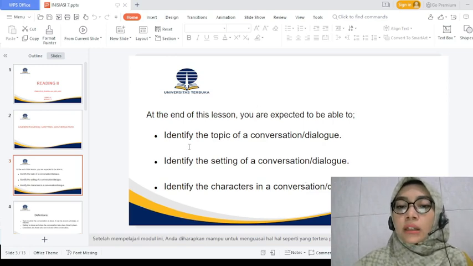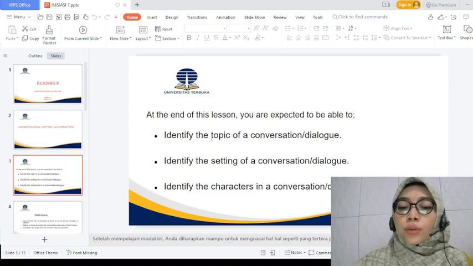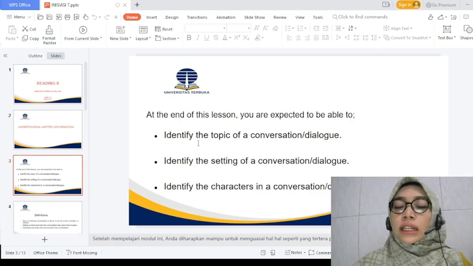So the aim or the goal of this lesson is to make you able to decide the topic, setting, or characters in a conversation. It means that you will apply this knowledge in not only text but also video or film.